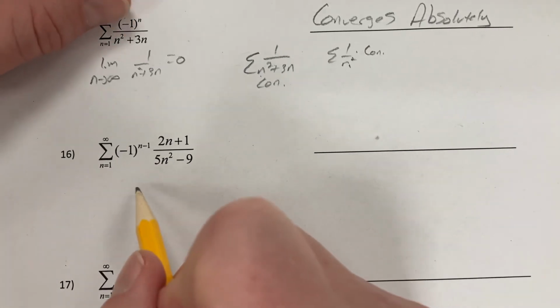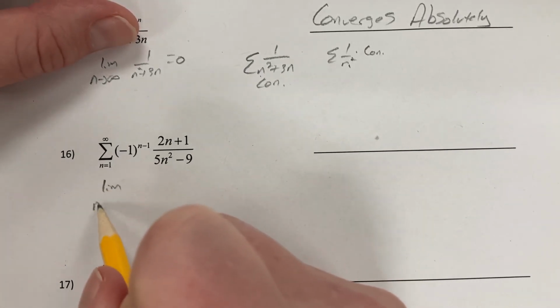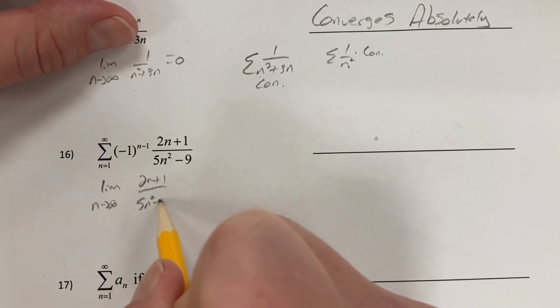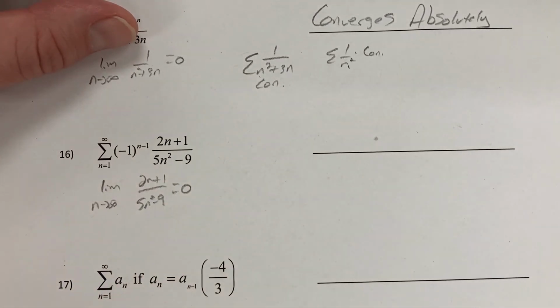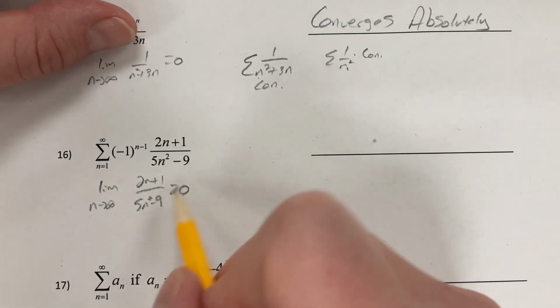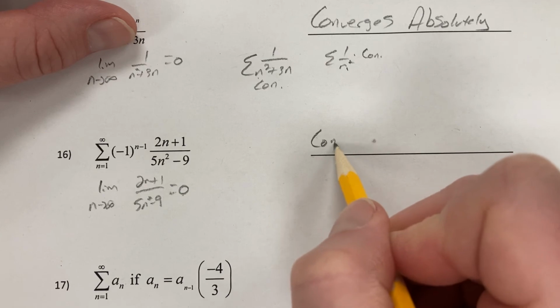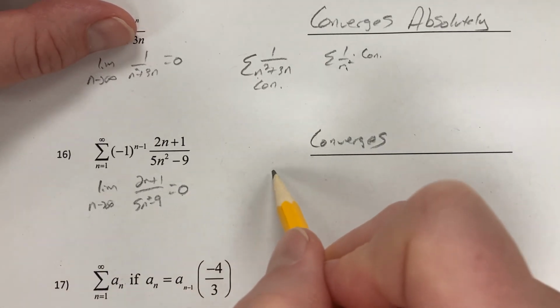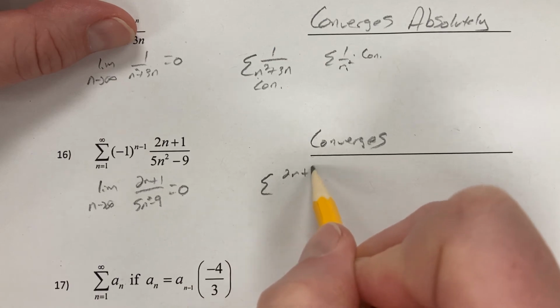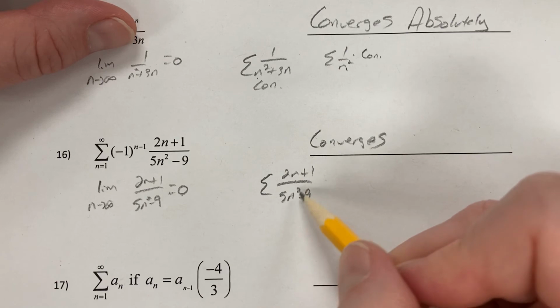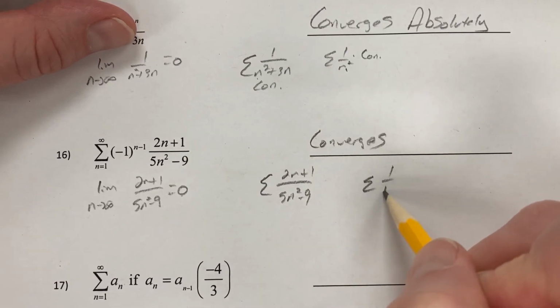If I go to this one here, again, I'm going to take the limit as n goes to infinity of 2n plus 1 over 5n squared minus 9. That goes to 0. Because that's going to 0 and gets smaller over time, we know that this converges. But now the question is, well, what if it didn't have that alternator? If you boil this down, n over n squared, that's going to be like 1 over n.